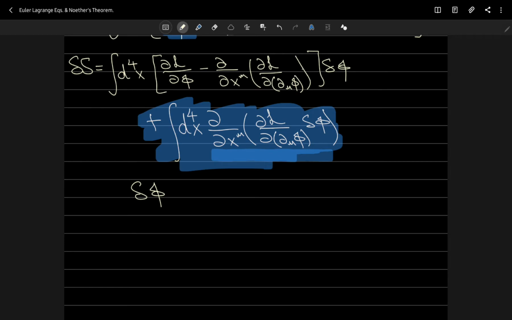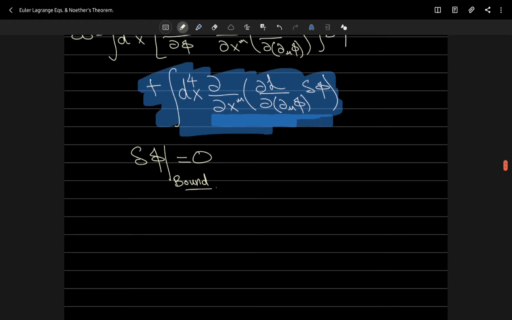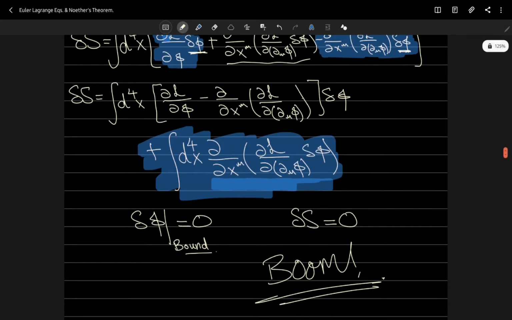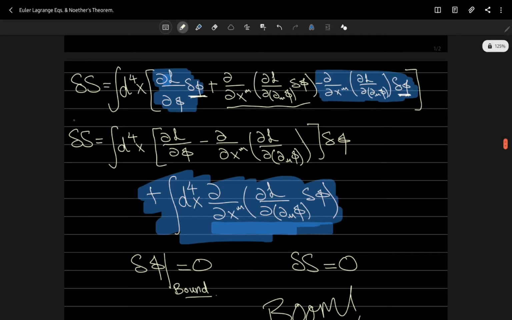Because outside the boundaries, we do not have any field. So it would vanish at your boundaries. Okay, so that's one thing, but we also know from the principle of least action that δS also has to vanish, right? So, well, boom, we can use these things, and we can simplify this horrifying expression that is over here.